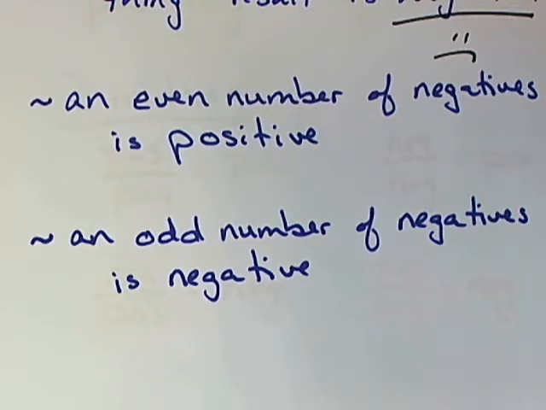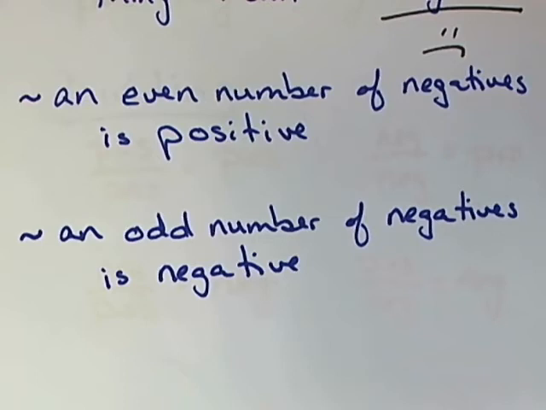So if you have an even number of negatives, your answer will be positive. And similarly, if you have an odd number of negatives, then your answer is going to be negative because you're going to have a grouping of pairs of negatives, which will make it positive, but that odd number is that odd man out, and that's going to make your final result negative.